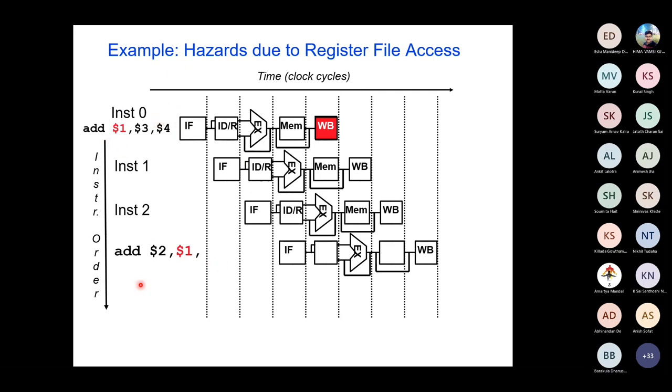Now consider this fourth instruction. Here there is an add instruction where register 1 is being used as a source register. So whatever you are updating here, I am going to use it here.